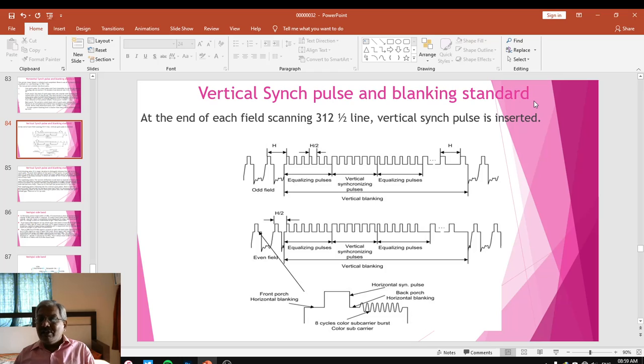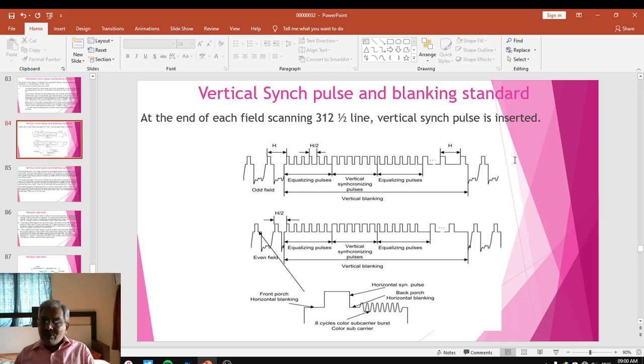Analogous to that, when one vertical frame completes, means when 625 horizontal lines are scanned, or if it is interlaced scanning, in every 312 and a half lines are scanned, after that scan, vertical sync and blanking pulses are introduced.